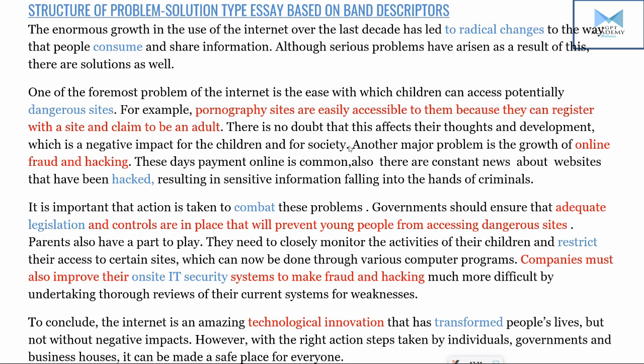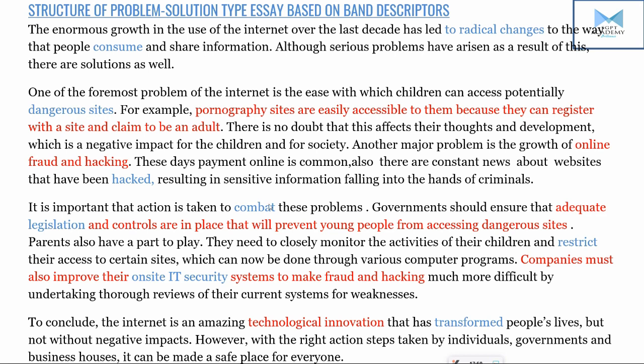That means one idea flows into another idea. If you see in the problem paragraph and in the solution paragraph, one idea naturally follows the next idea. Along with that, the lexical resource and the grammatical aspects have been taken care of.